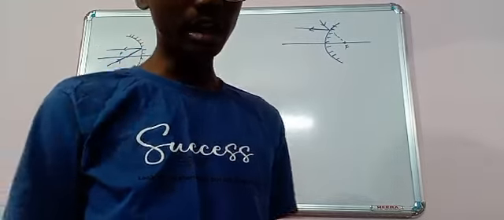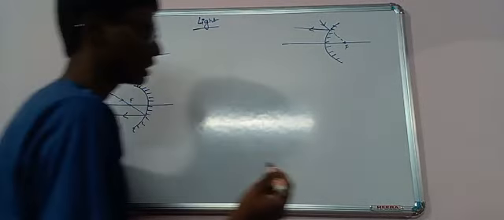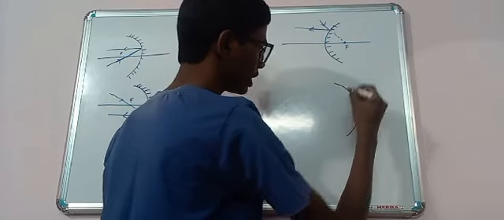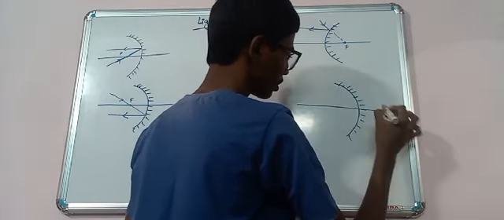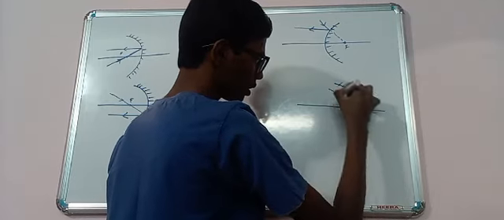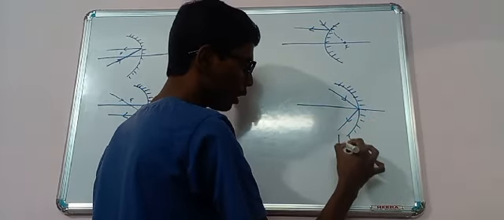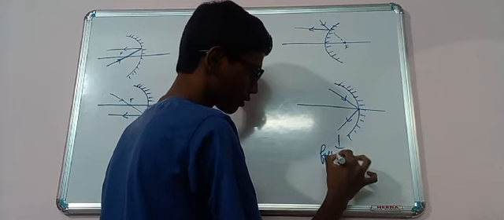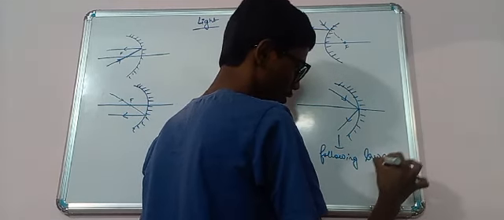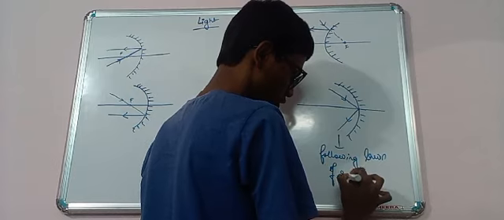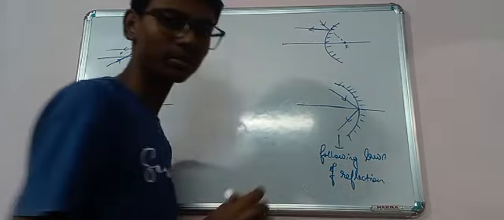Next you have a light ray incident at the pole. The fourth condition. So in case of concave, this is your pole. A light ray incident at the pole will just deflect following the laws of reflection.